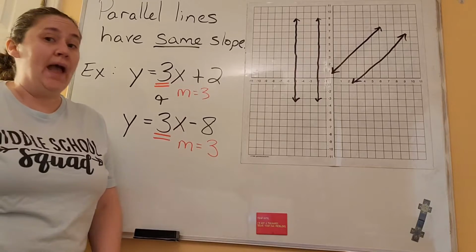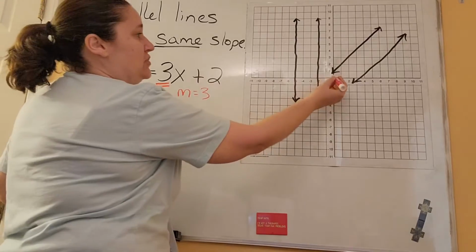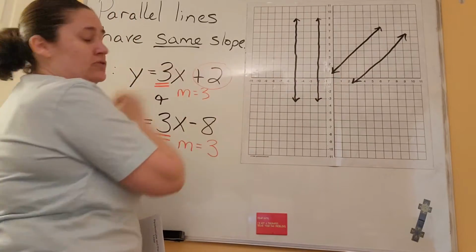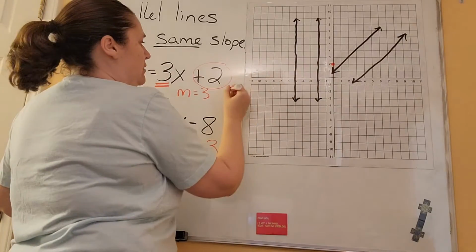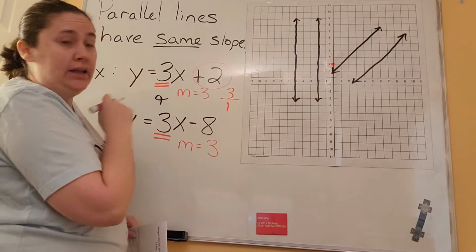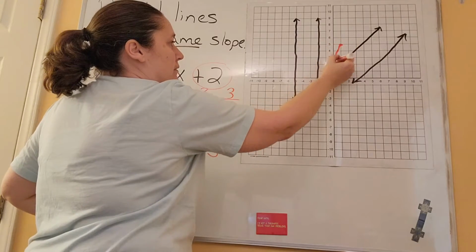And if you wanted to graph them, you could. y equals 3x plus 2. The y-intercept is 2. The slope is 3, which is the fraction 3 over 1. That means I go up 3 and to the right 1.